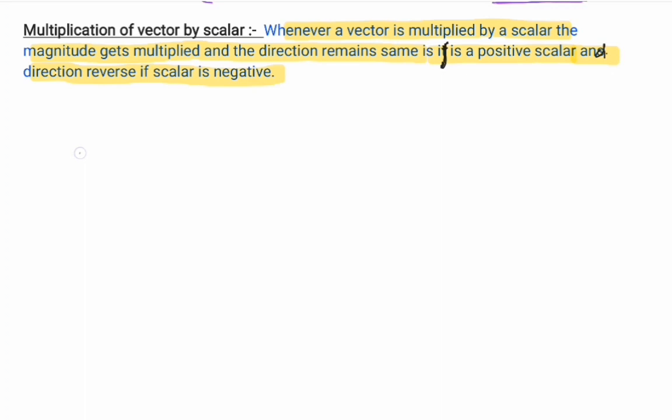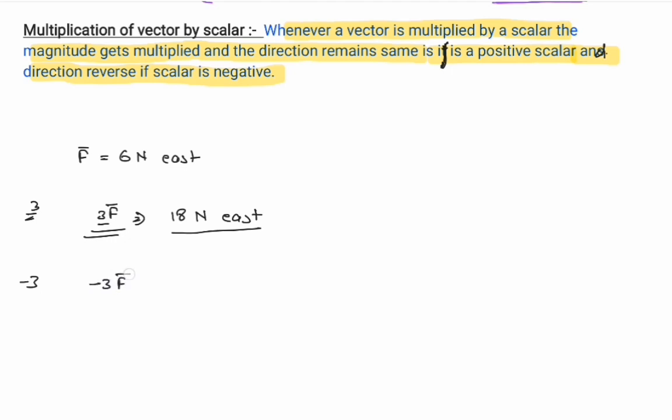Suppose the vector F is given as 6 Newton east, and you need to multiply it by 3. Then what will be 3F? Just multiply 3 with this. 6 threes are 18 Newton east. This will be the value of 3F. But suppose you need to multiply F by minus 3. Then what is going to be the value of minus 3F?